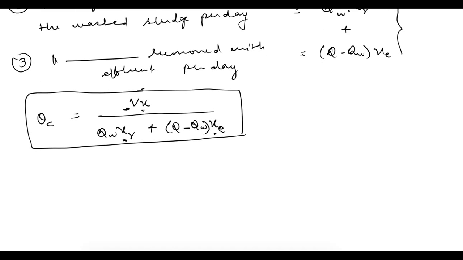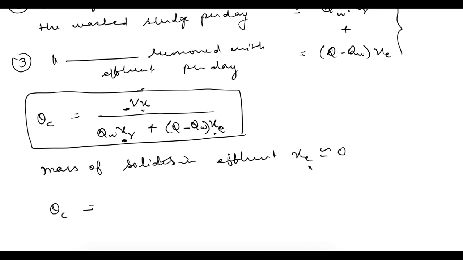But normally, if the process is working properly, then the mass of solids in effluent, that is Xe, is negligible. The value of XR will be much more than Xe, so we can put Xe as 0.